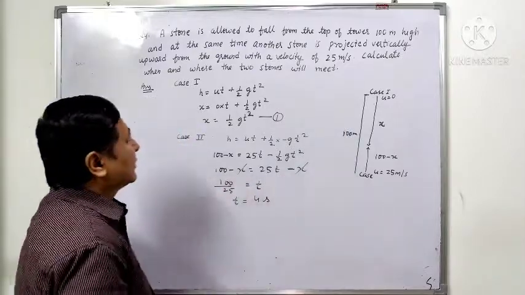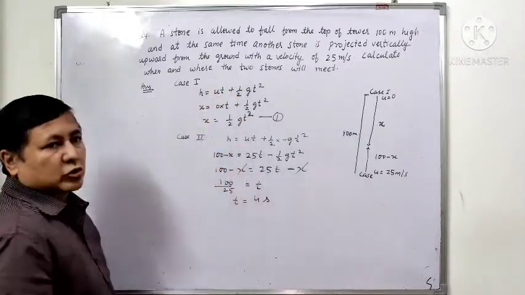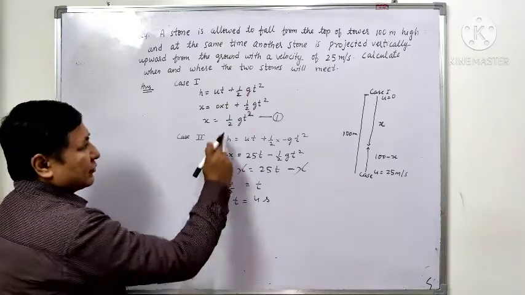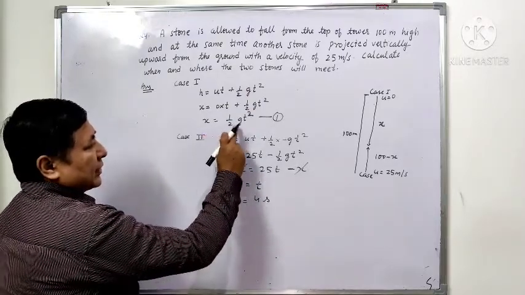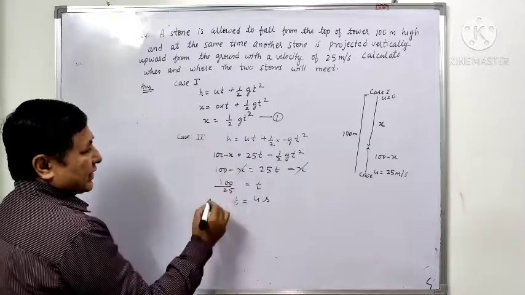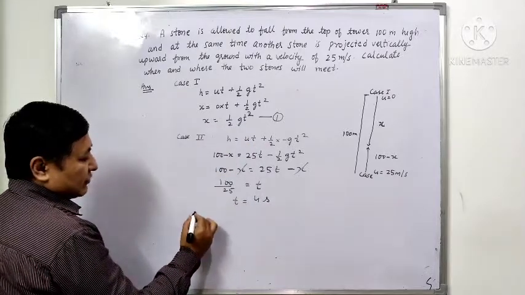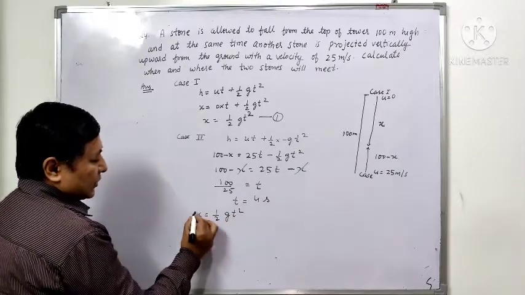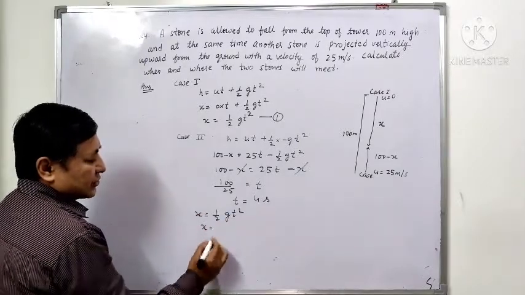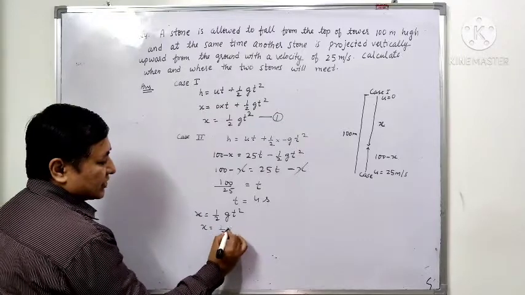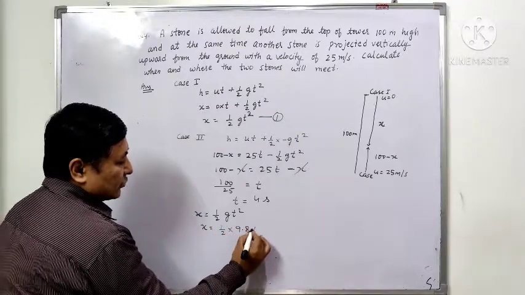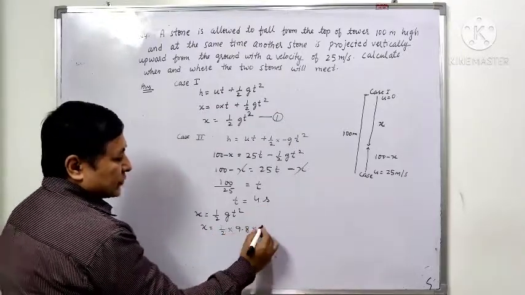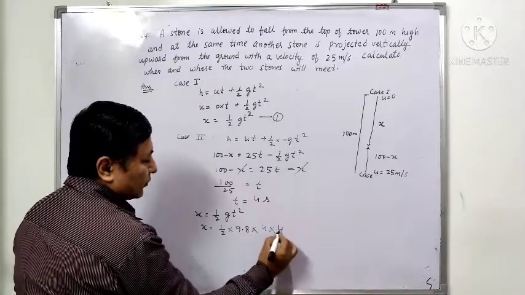Now what we have to find is where the two stones will meet. For this we will put the value of t in the equation x equals half gt square. So x equals half into g, which is 9.8, into t square. t is 4 seconds, so 4 into 4.